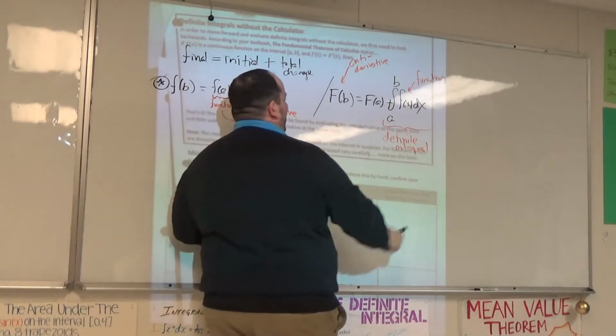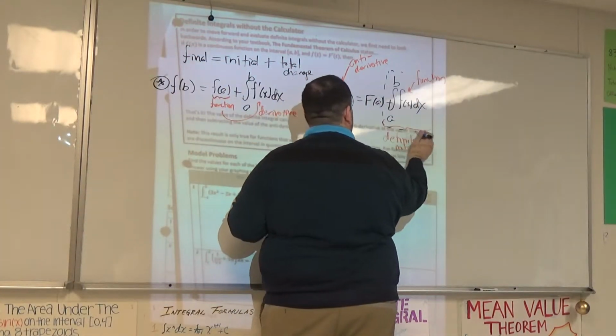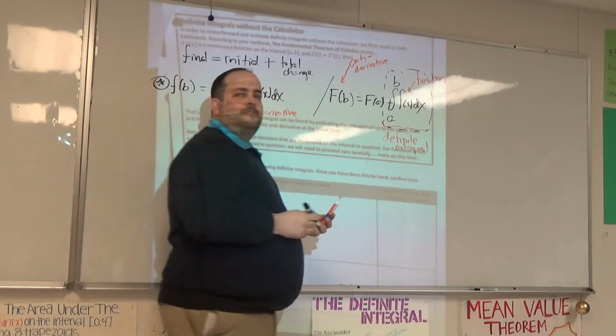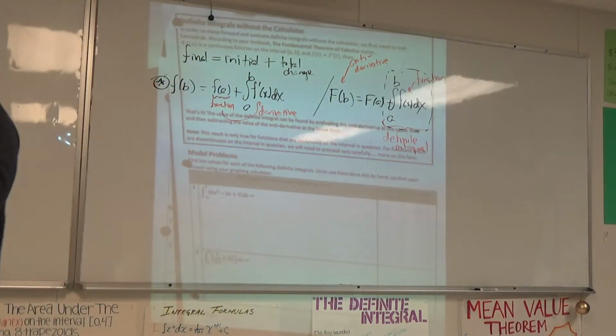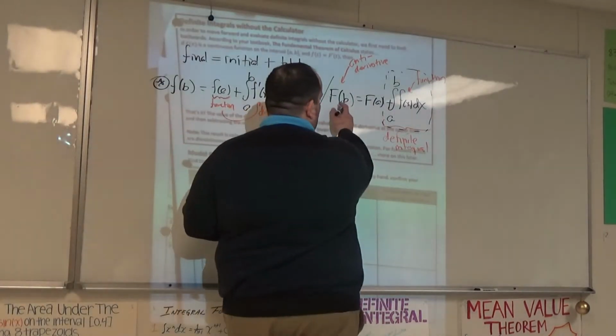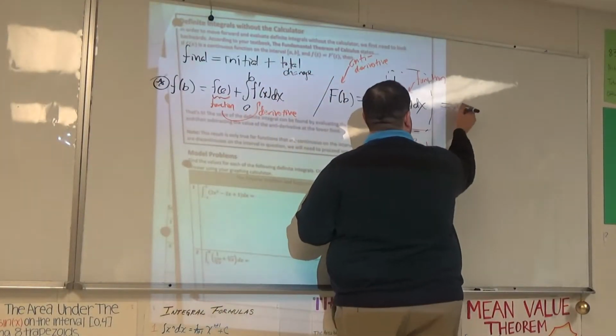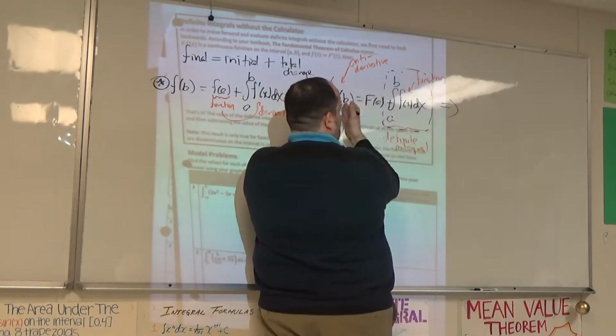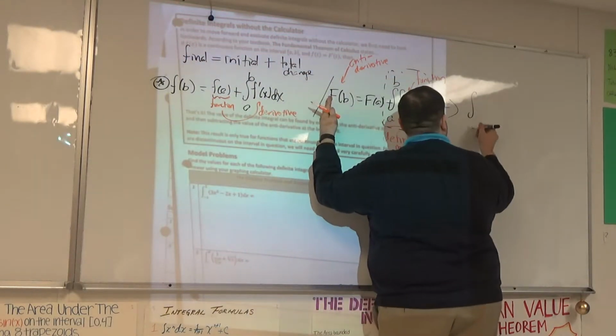What I want to do is find the definite integral. All the application problems I'm going to give you are going to be find the definite integral. So I'm going to rewrite the fundamental theorem of calculus and say, if this is true, then this is also true.